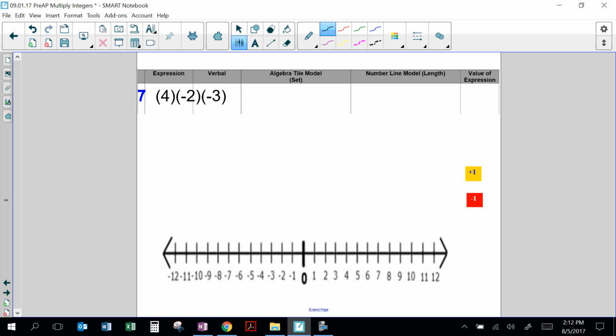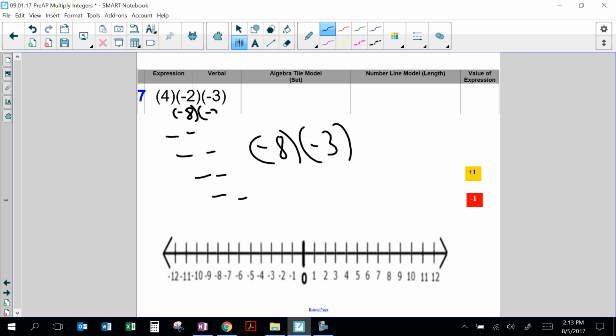Now let's multiply 3 different integers. 4 groups of -2. So what do we have right now? -8. Then we need to multiply by -3. So 4 groups of -2 is -8. -8 times -3. So let me highlight this.